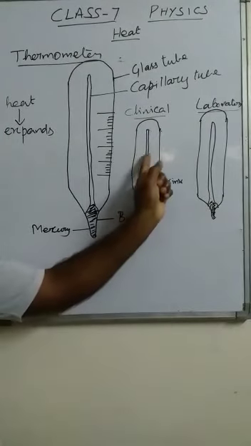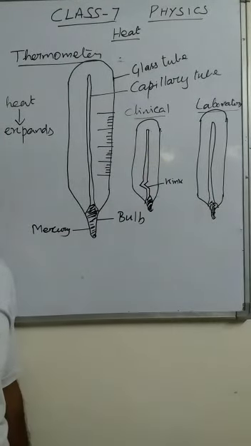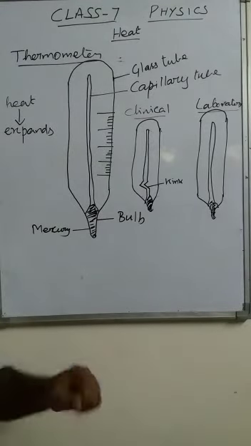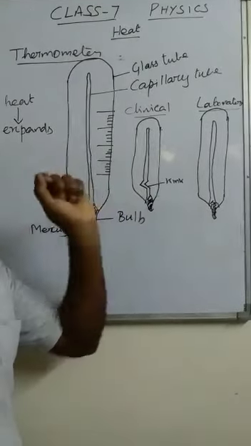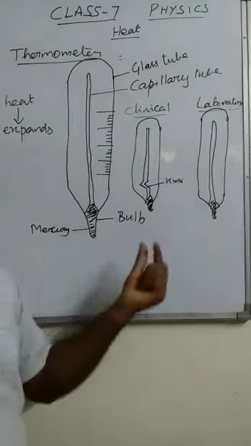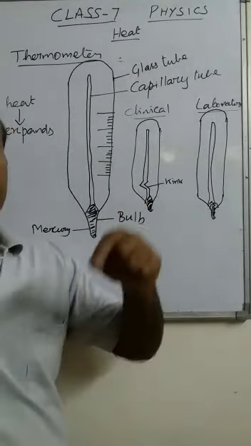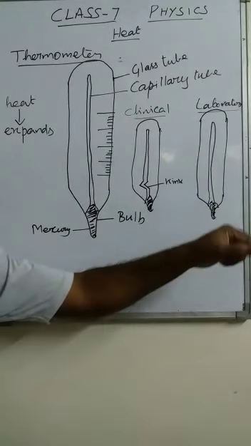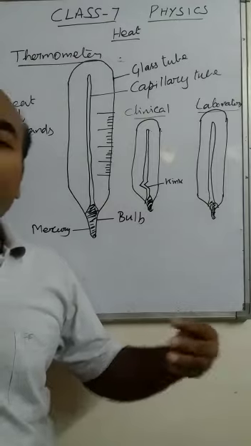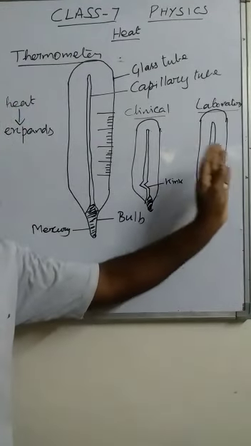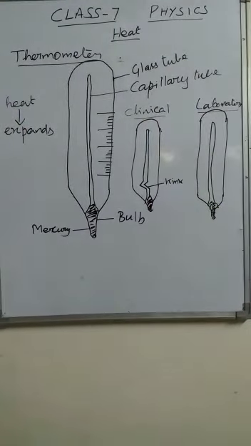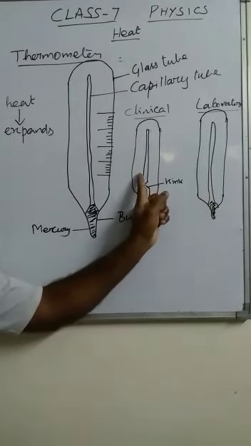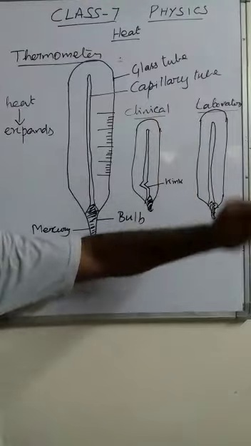Once it has increased to a certain level, the kink is provided to prevent the fall of that level on its own without shaking. But in the laboratory thermometer it is not provided, and it is not required. This is one difference between these two. The kink present in the clinical thermometer is not present in the laboratory thermometer.